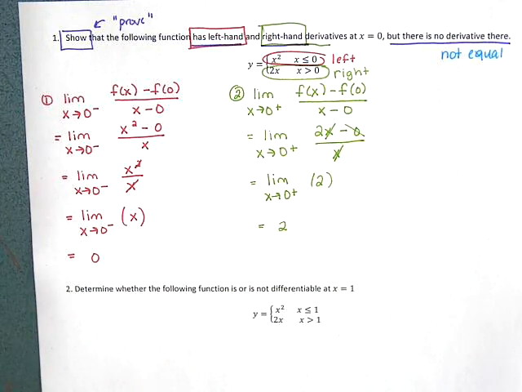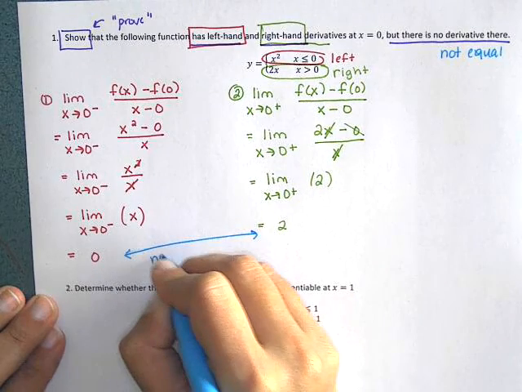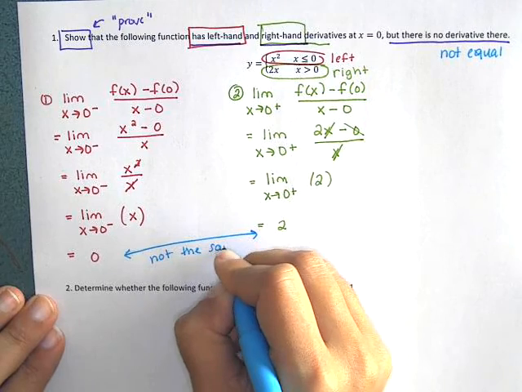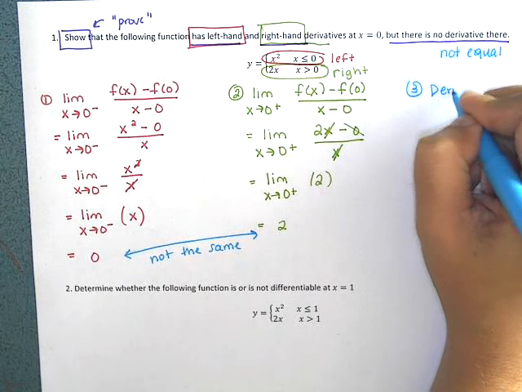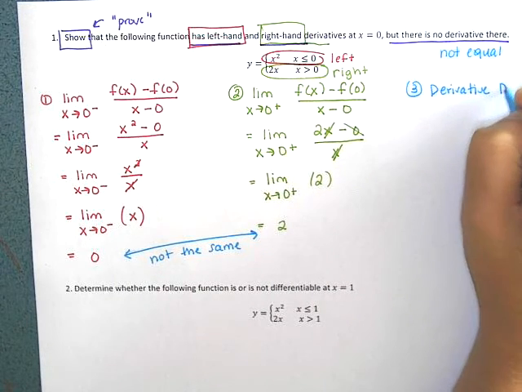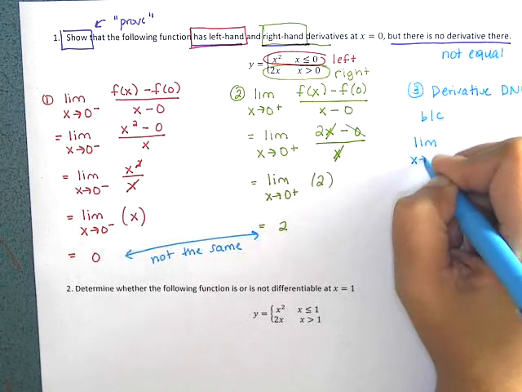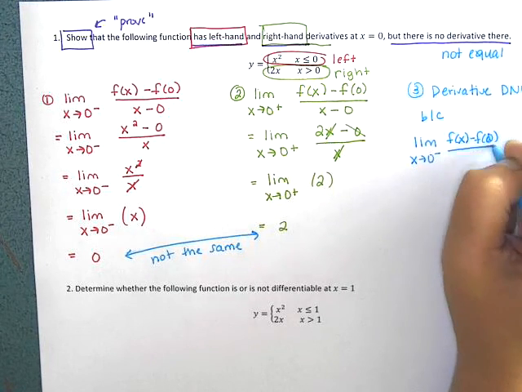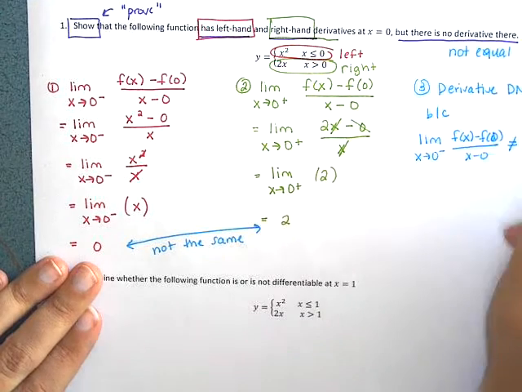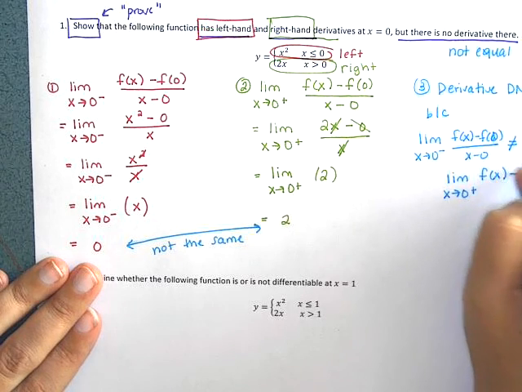Now you'll notice that these numbers are not the same. So the third thing I need to say is that the derivative does not exist because the limit as x approaches 0 from the left of f of x minus f of 0 all over x minus 0 does not equal the limit as x approaches 0 from the right of f of x minus f of 0 all over x minus 0.